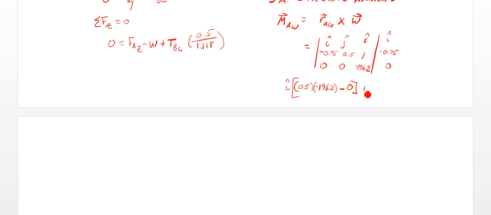So that's all I. Plus J, going this way minus that way: minus 0.75 times 196.2. These are negative signs, so they make it positive, so I'll just add them in here to make it clear. Negative, negative, J. And then last K, we have 0, right? 0.75 times 0 and 0.5 times 0. So plus 0K.